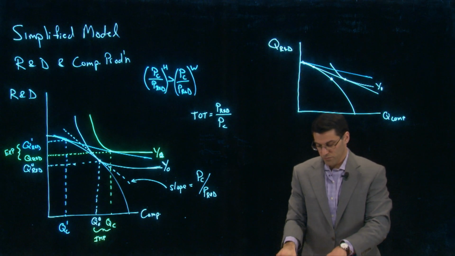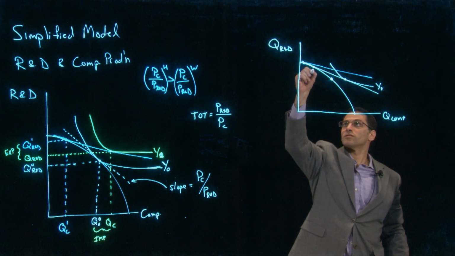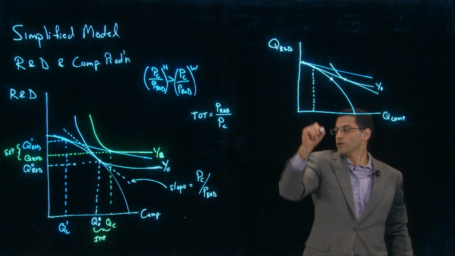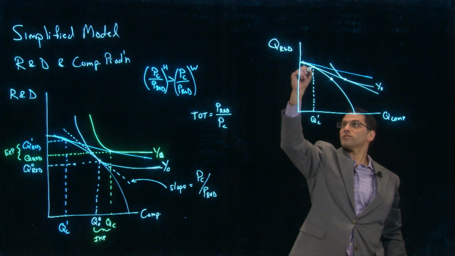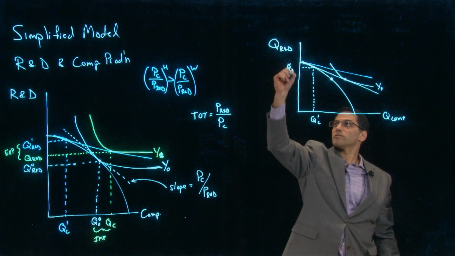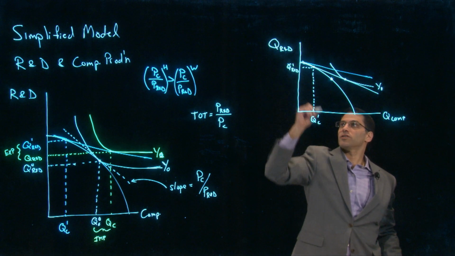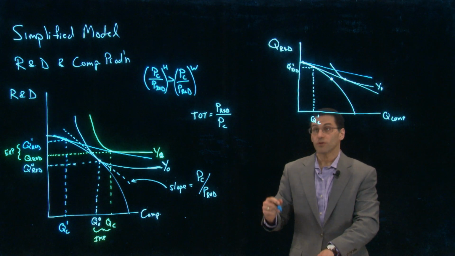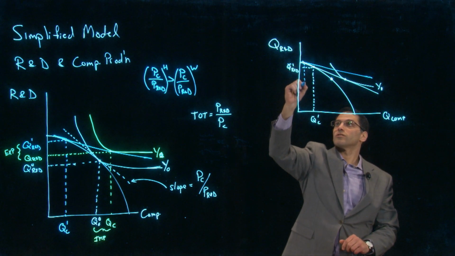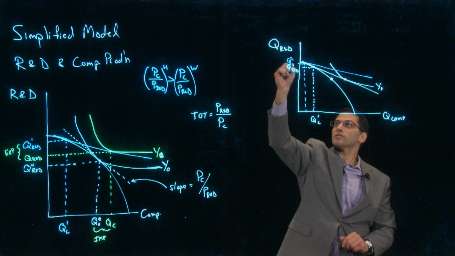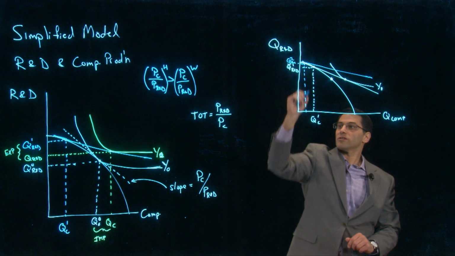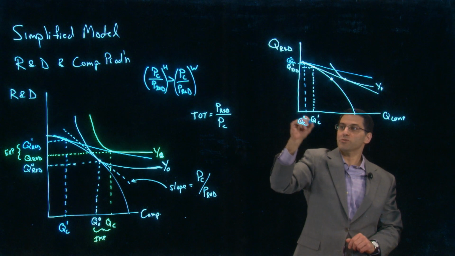Right, so we're going to move from our QC1, QR&D1 up to a higher level of R&D production and a lower level of components production.